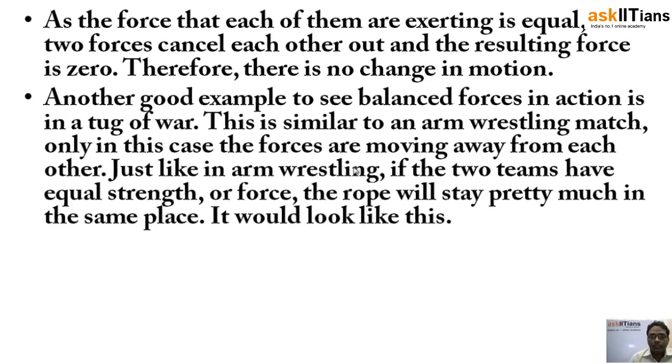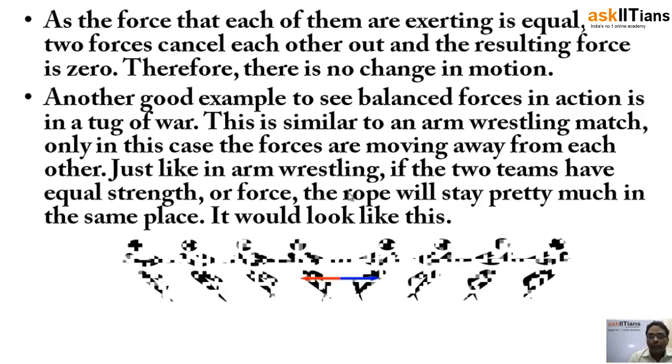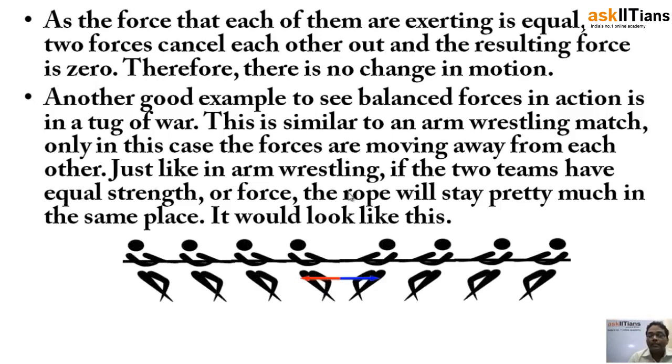Similarly, let's say we talk about the case of a tug of war. Here there are going to be two teams trying to pull the rope. To win, they have to see that their force is more than the opposing team. As you can see, both the teams are pulling the rope in opposite directions.